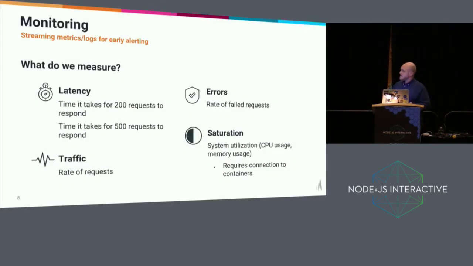Next up is monitoring, which can be done by consuming streams of metrics and logs. Now, in theory, you should already be doing this in your applications, but just for review, here are the golden signals that we want to measure. Latency, traffic, errors, and saturation.